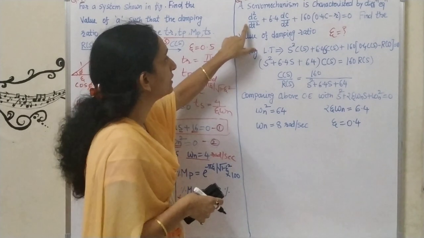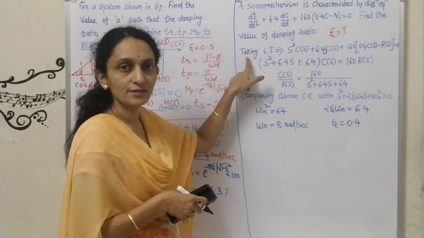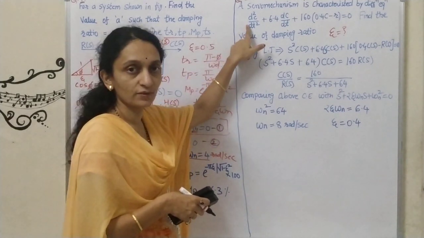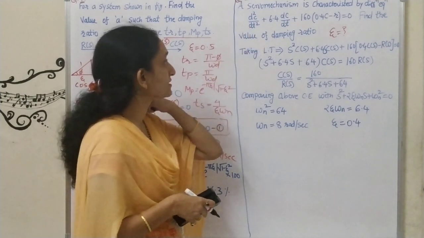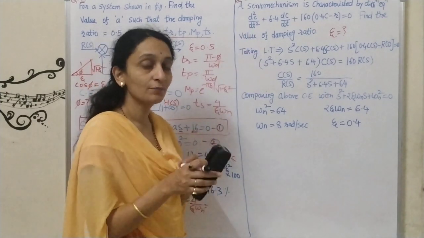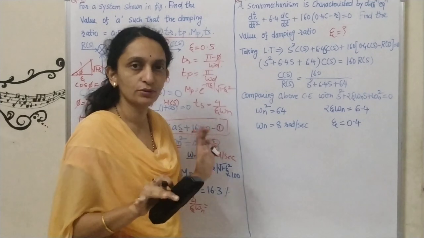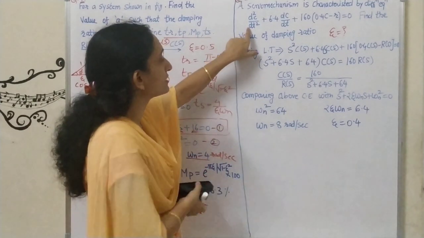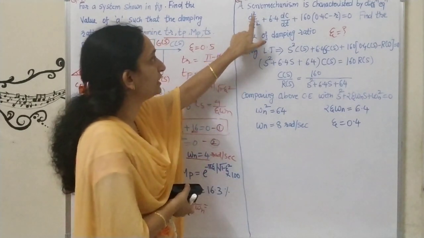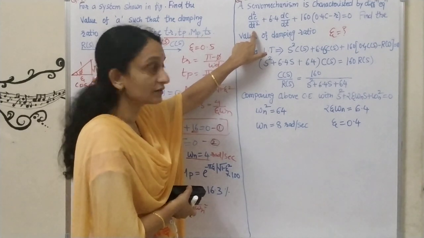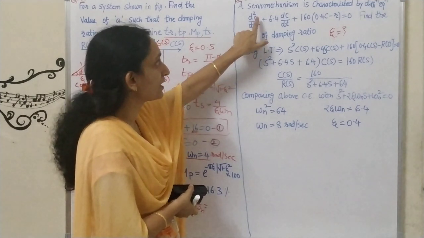So I am taking the Laplace transform of this differential equation, assuming all initial conditions equal to 0. As d2 by dt square is there, this will be s square c of s.